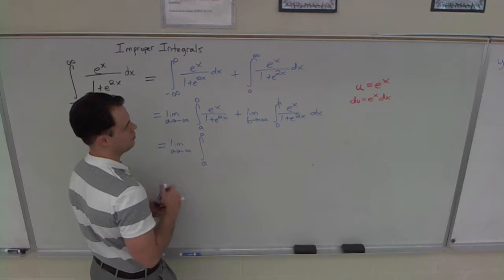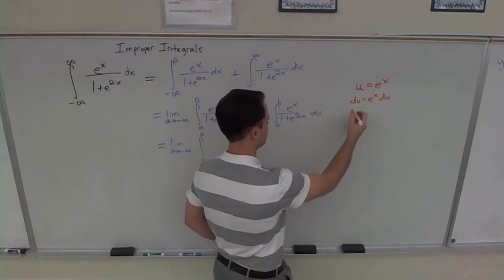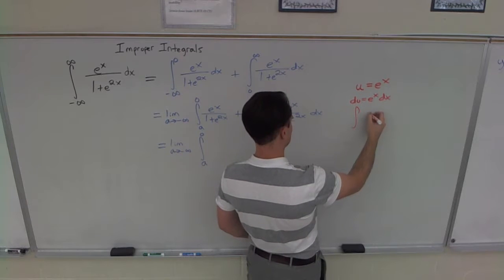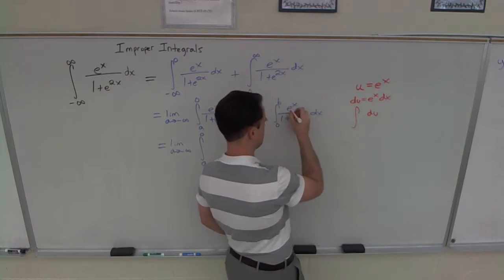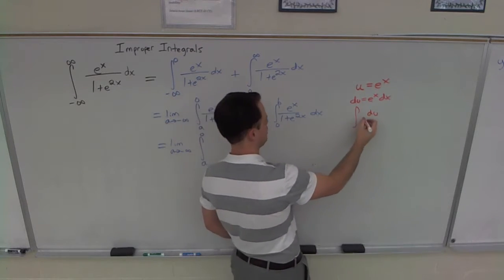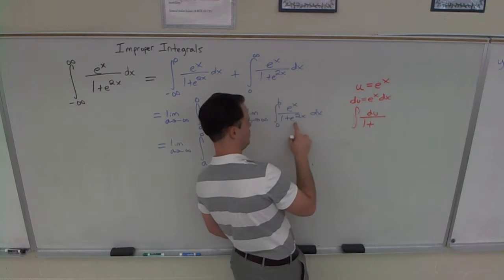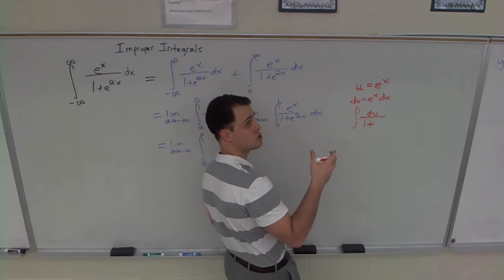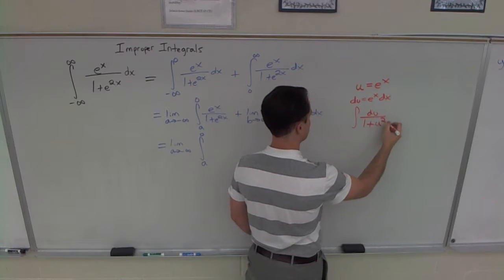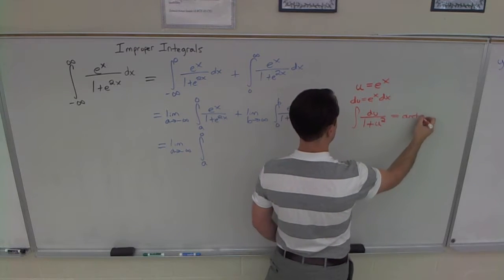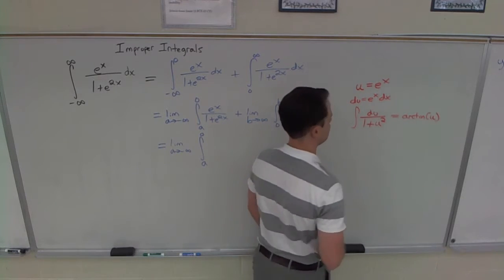and let's see, maybe I should just resolve what the integral is over here first. So that's going to be du, there's du right there, and on the bottom I have 1 plus e to the 2x, which is e to the x squared. So that's u squared. So that guy is the arctangent of u, isn't it?